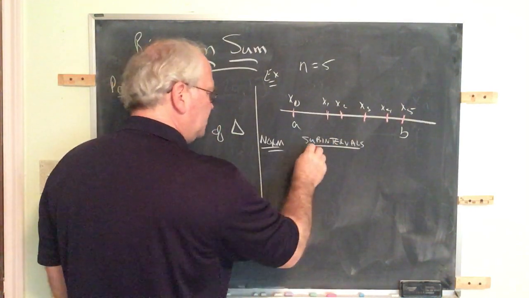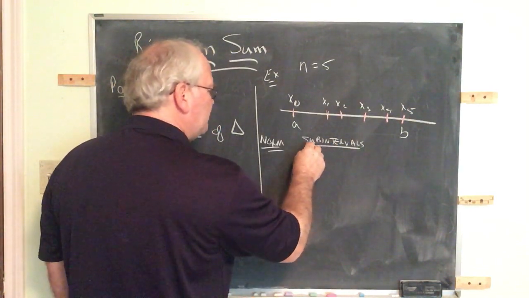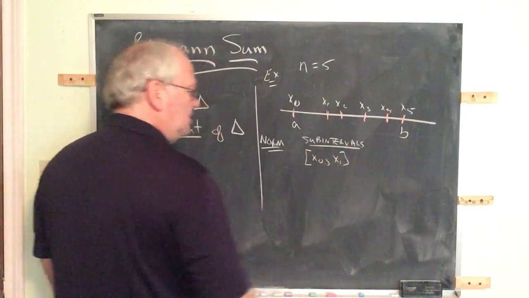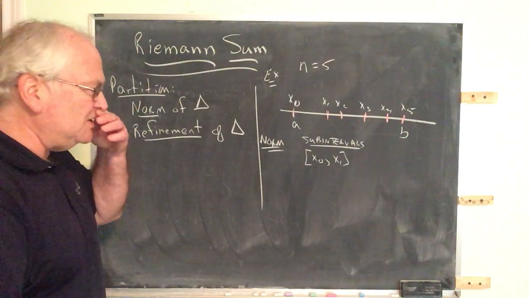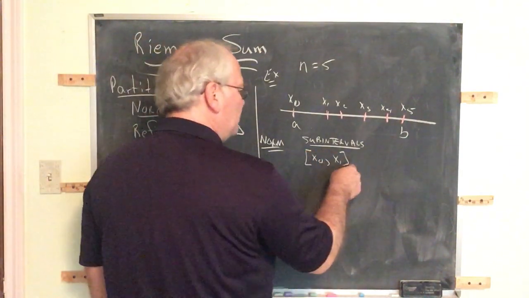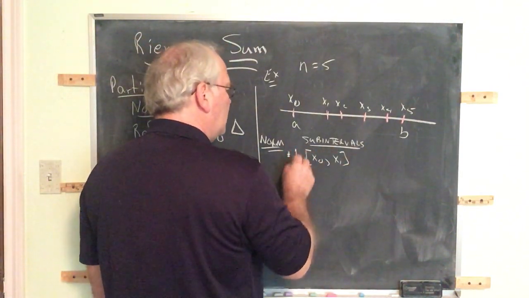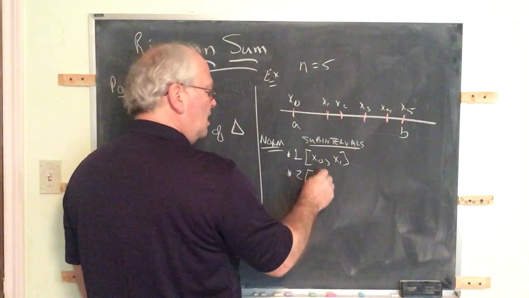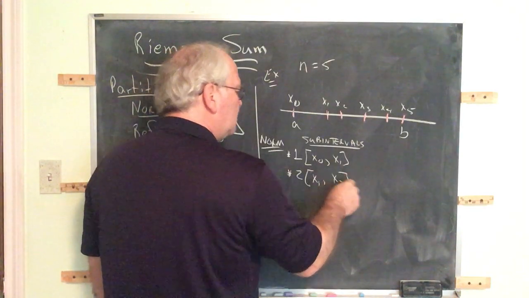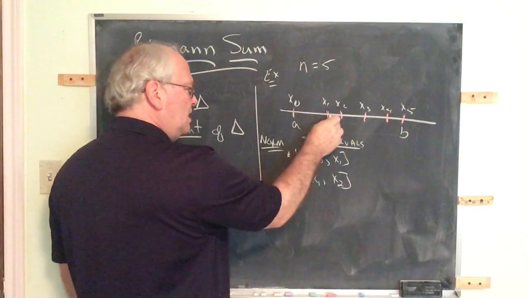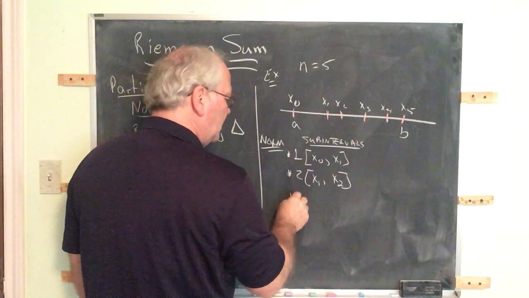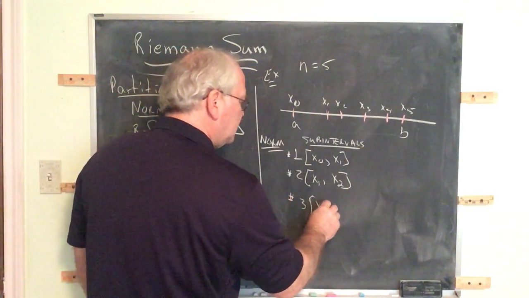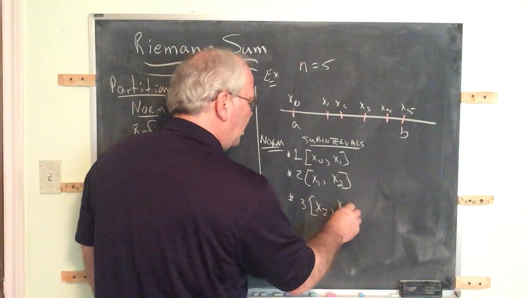The first subinterval goes from x0 to x1. Typically, we list the subintervals as closed intervals. And then this is subinterval number 1. And then subinterval number 2 goes from x1 to x2. Number 3 goes from x2 to x3.